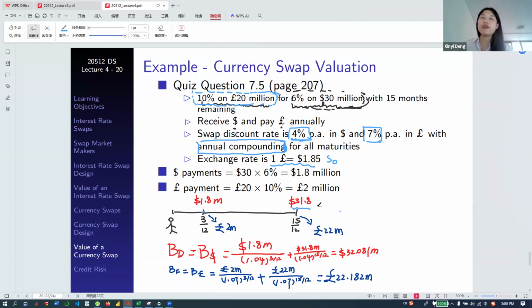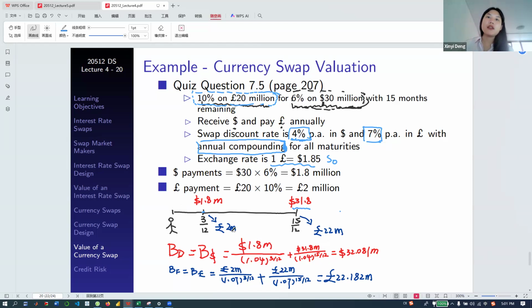And for the second payment, since it's occurring 15 months later, because of annual compounding we are dividing by 1.04, again raised to the power of the number of years, which would be 15 divided by 12. So we are adding those two present values.